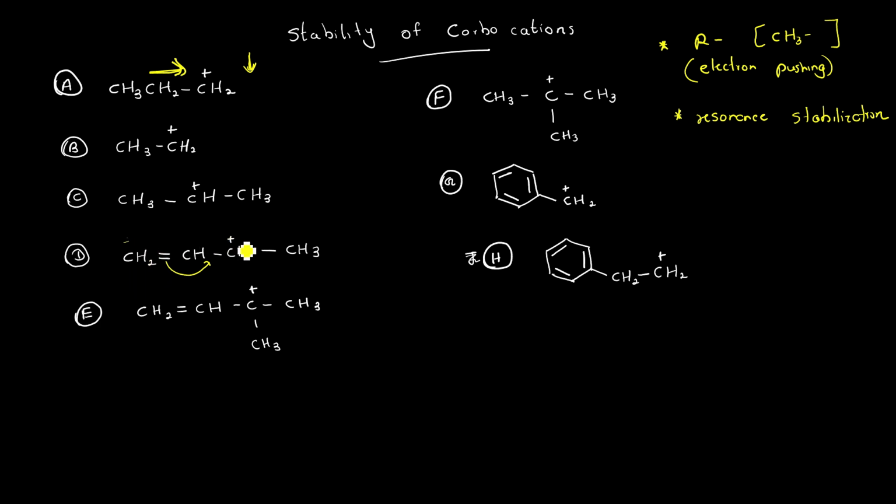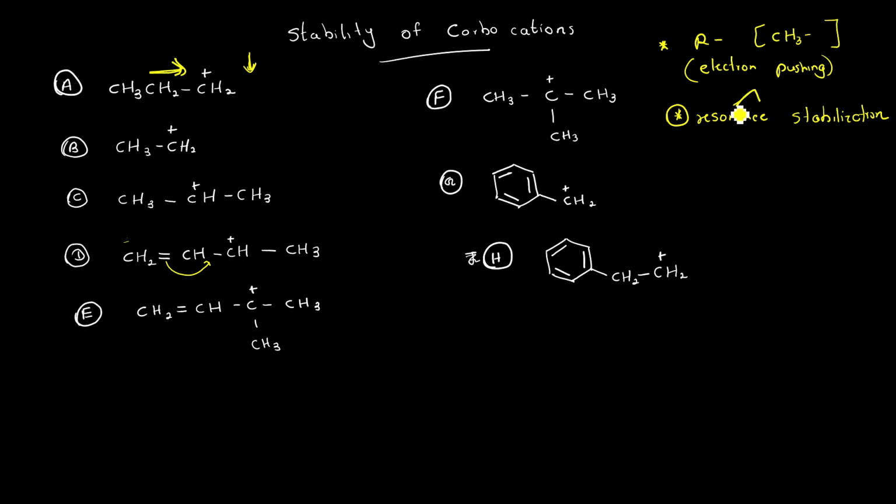So you can move your positive charge across your molecule. We call it the delocalization of positive charge. By delocalization, you can stabilize the carbocation. This is much more effective than the normal electron push.